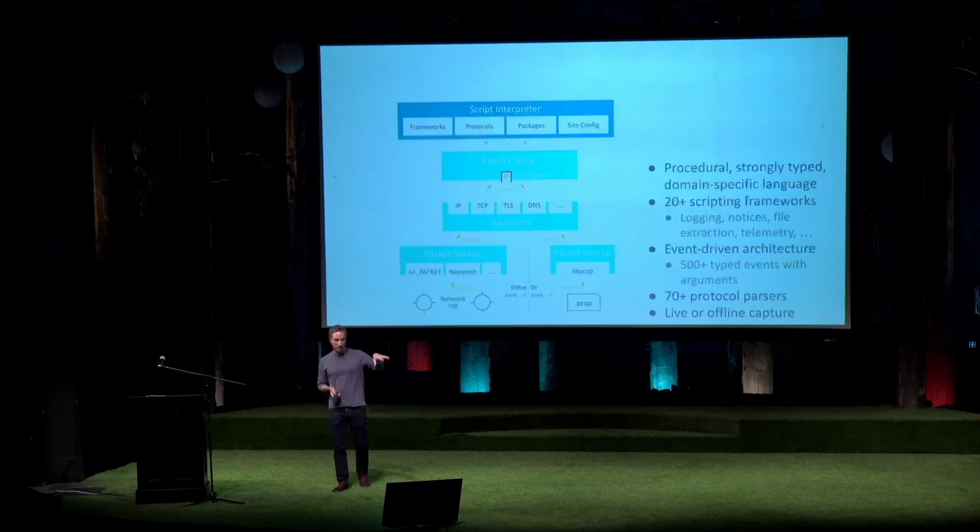It sits on top of the event engine in a script interpreter that is very configurable. It's largely procedural. It has a notion of event handlers that I'm about to show you, and is otherwise strongly typed, not unlike what you might know from C or Perl or Python or what have you.